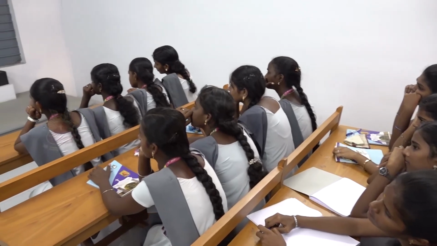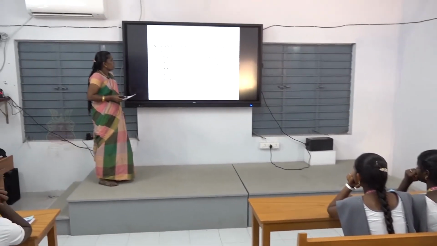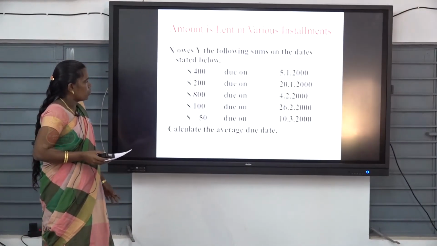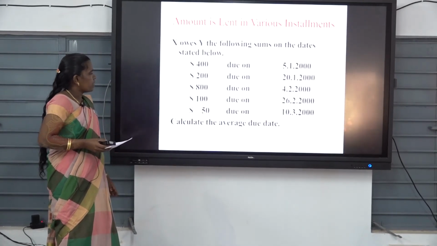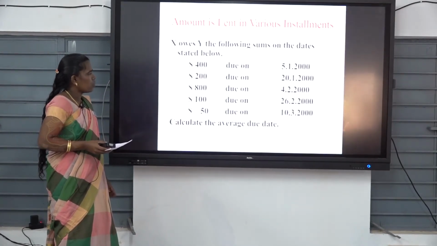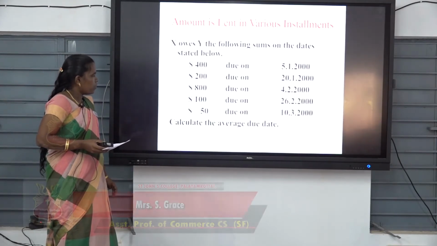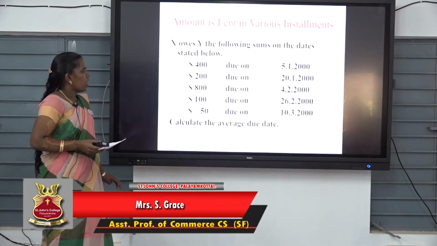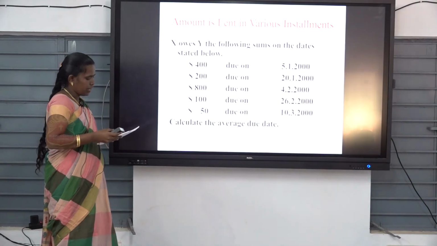Rupees 800 due on 4th February 2000. Rupees 100 due on 26th February 2000. Rupees 50 due on 10th March 2000. Calculate the average due date.